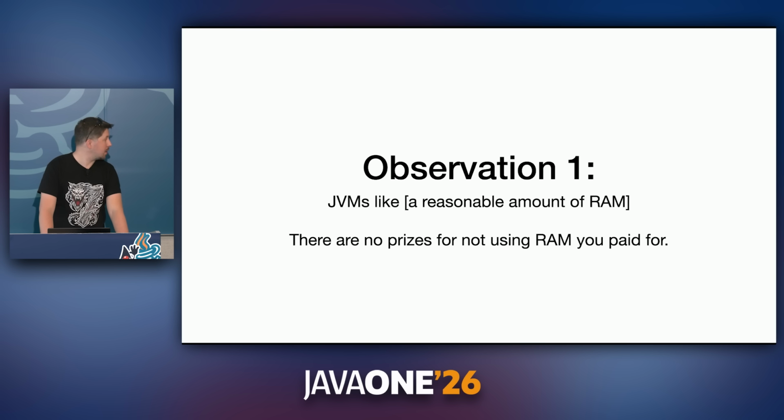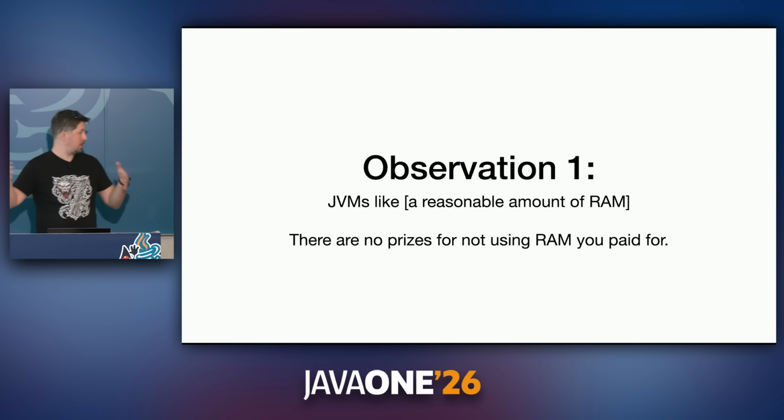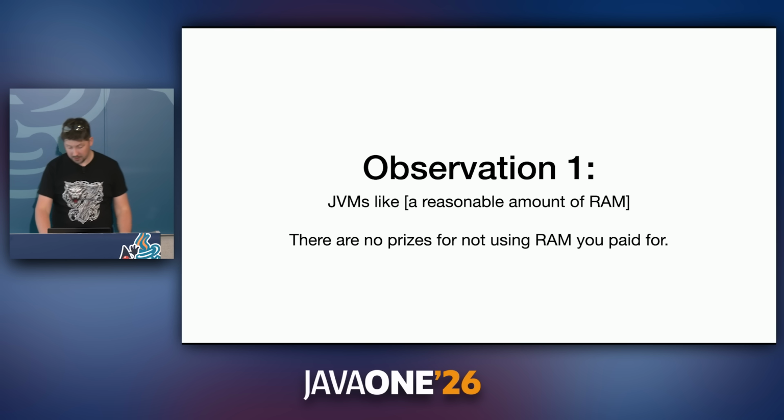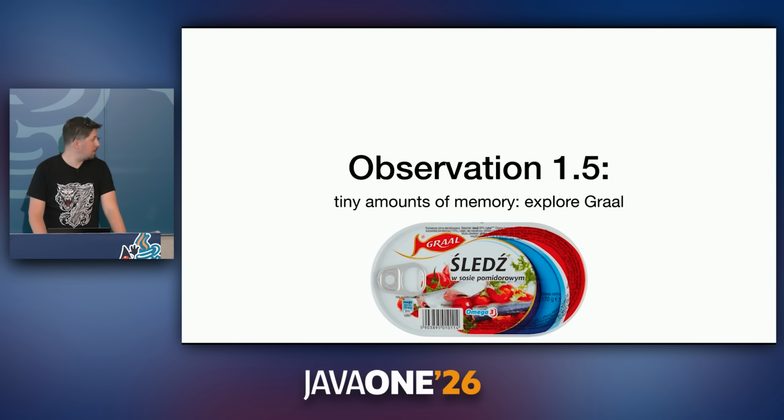Or in other words, there are no prizes for not using the RAM that you have already paid for because you have gotten that big machine. And why do you get the RAM? Because you also have to get the CPUs, with cloud providers and so on. Tiny amounts of memory, explore Graal.